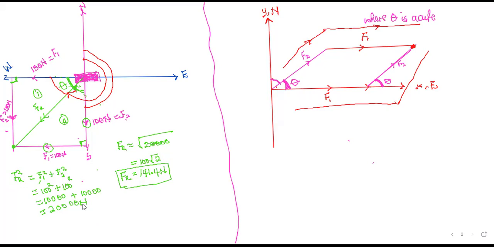And so that becomes the resultant vector. The resultant vector is drawing a vector from the tail of this to the head of F2.